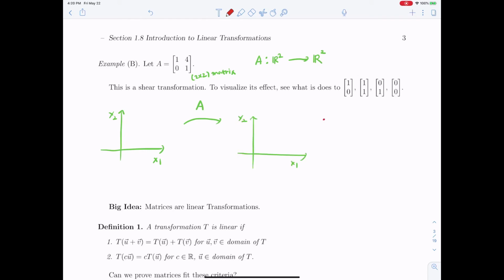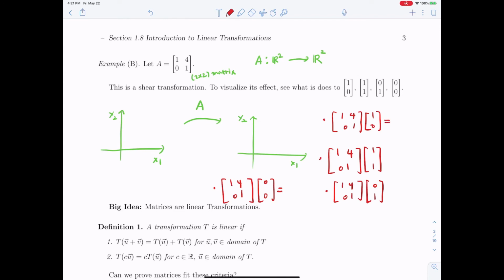So let's multiply A into each vector. The first one: 1 times 1 plus 4 times 0 gives you 1, and 1 times 0 plus 1 times 0 is 0. Second, we have 1 plus 4, which is 5, and 0 plus 1, which gives you 1. And this one equals 4 and 1.